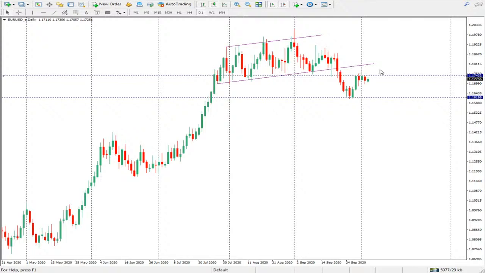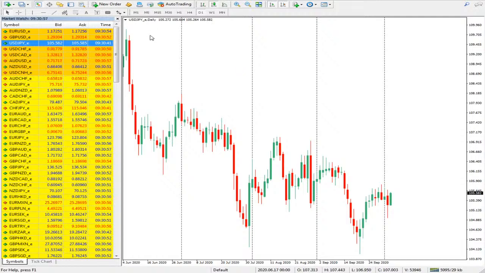Expect price to move up to this support, where if it breaks below, then expect it to continue much lower up to 1.13778. Those are the levels which we're looking for. If the price gets to those levels, then that will give us the ideal place where we want to look for a trade from.